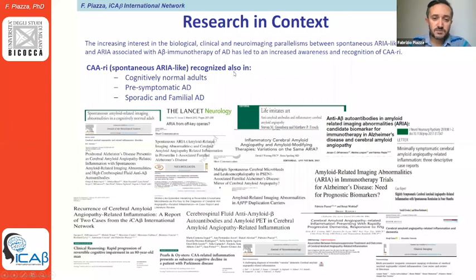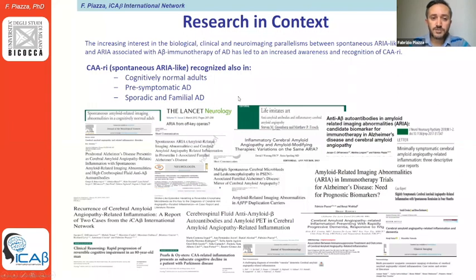And thanks to the visibility and the importance of this evidence, several other papers came out later on, and we started receiving a lot of requests for these antibodies.